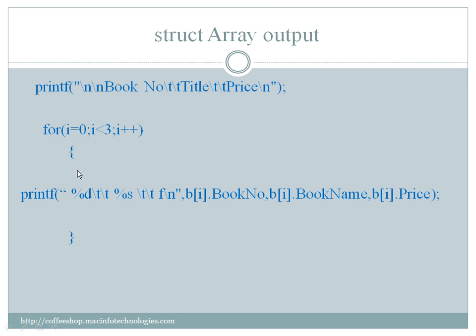And we have used a for loop to print the value of an array. Here you can see we have used %d, %s, and %f. It should be a %f here.